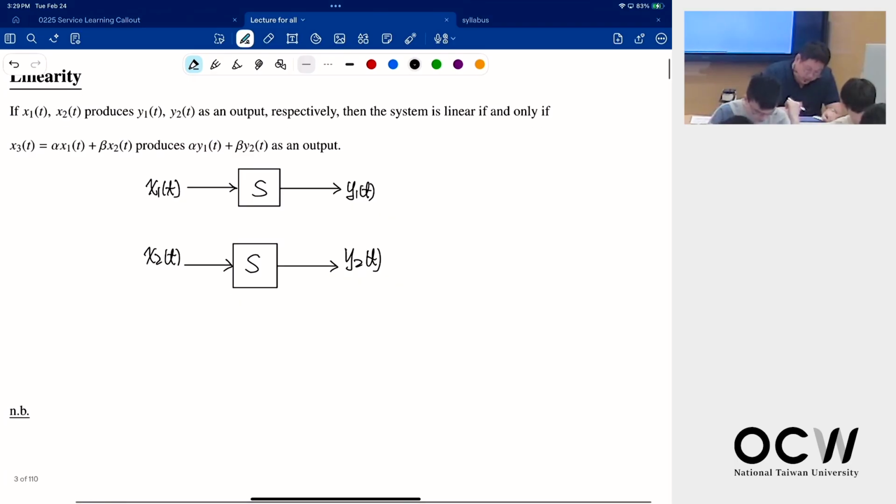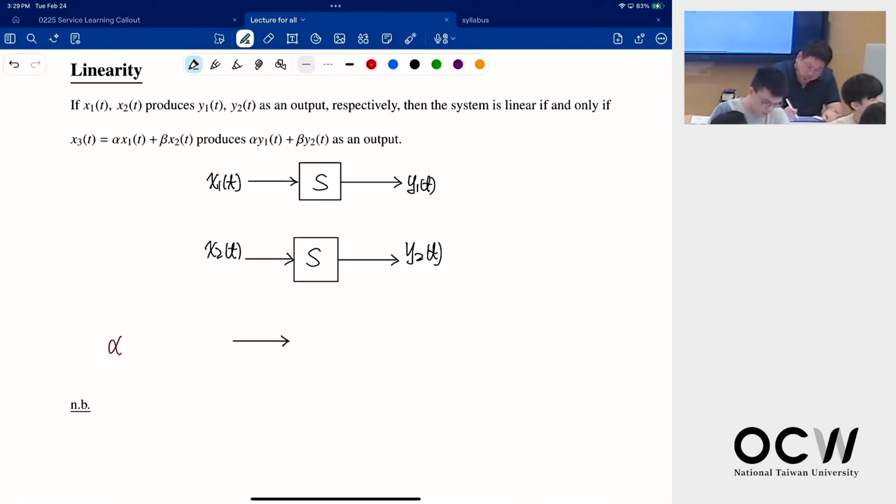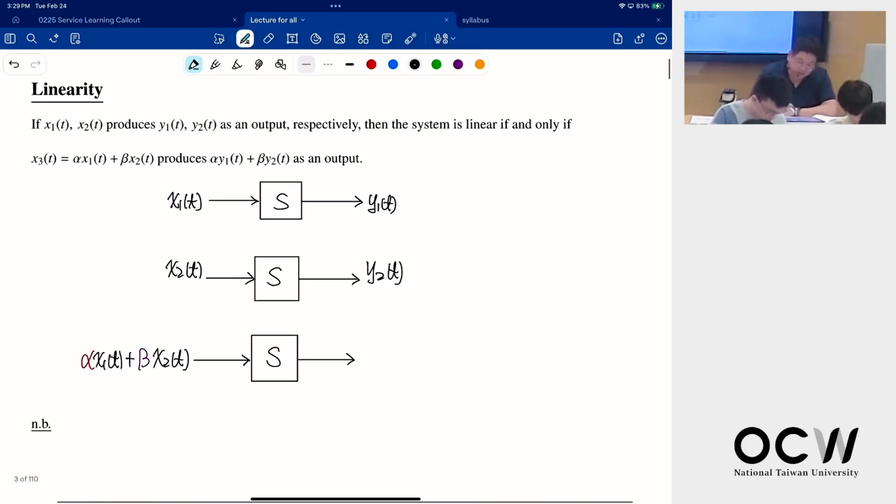So if the system is linear, if my input is a linear combination of our inputs x1 and x2, say alpha x1 plus beta x2, then what is our output? The output is a linear combination as well of the outputs from x1 and x2.